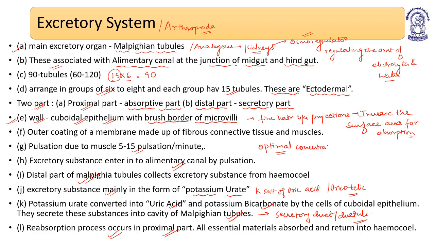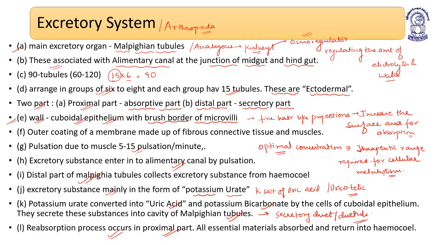Optimal concentration is basically the therapeutic range required for cellular metabolism, meaning all the reactions going on in a biological system, in our body or in the cockroach body.